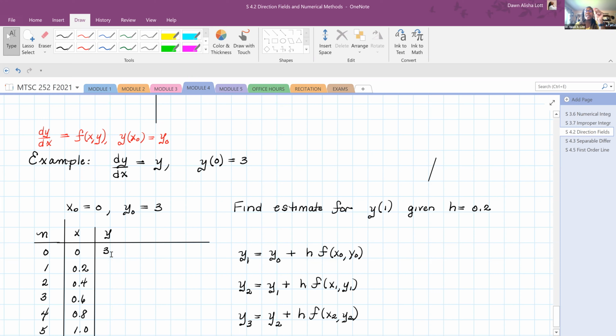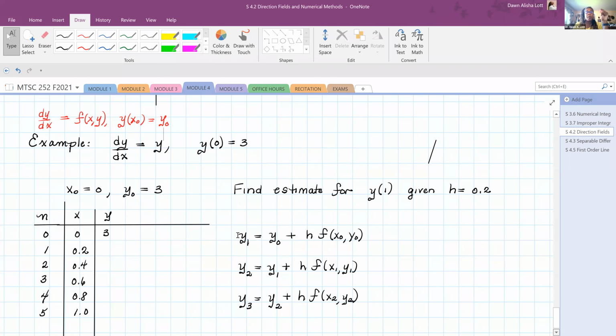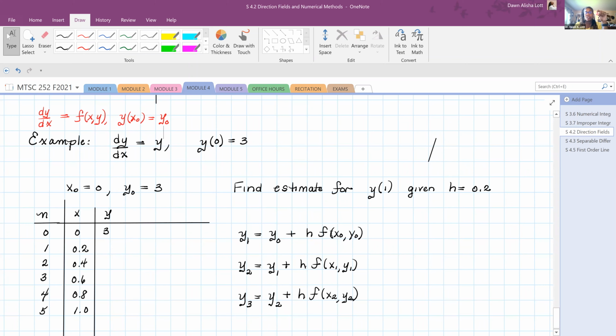Now, I can only go incrementally. So that means if I start at x naught being 0, then the next value of y I can find is when x is at 0.2. Then I have to use that to go on to find the next value at 0.4. Okay, so I had written over here my little formula. That is that y1 is y0 plus h times f at x0, y0.